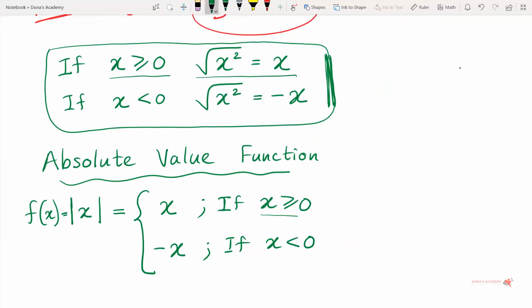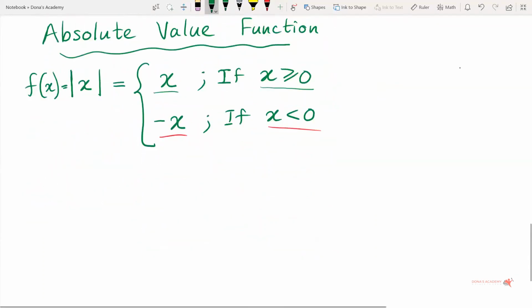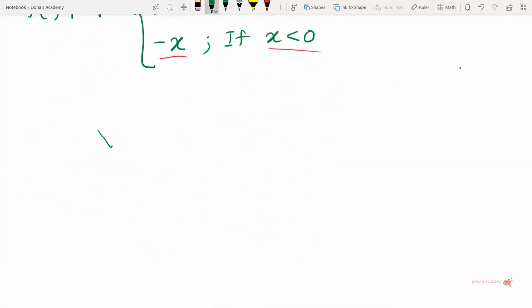Here, if x is greater than or equal to 0, f(x) is x. And here, if x is negative, it is negative x. Here x negative, negative x. So they coincide with each other. So that means the square root of x squared is nothing but the absolute value of x.